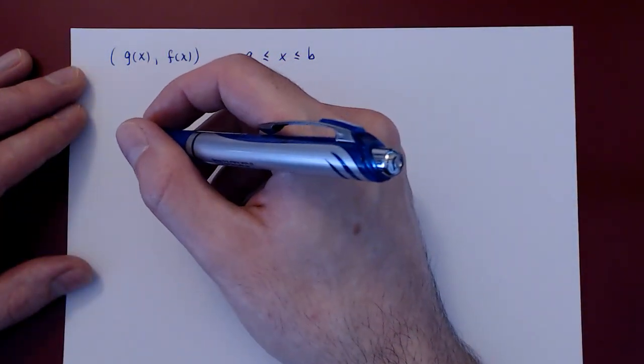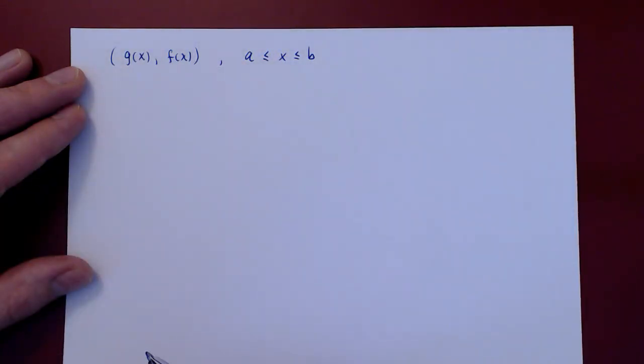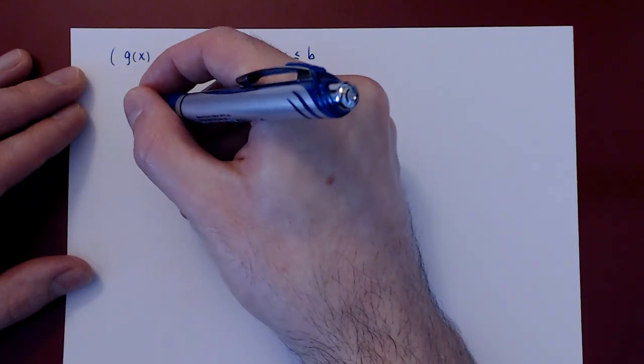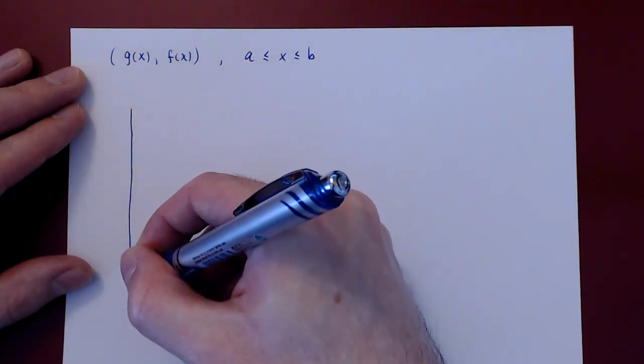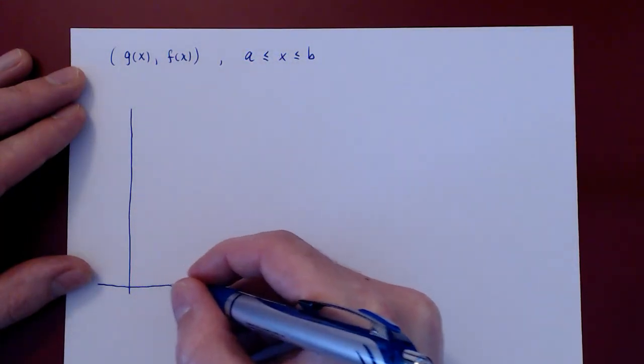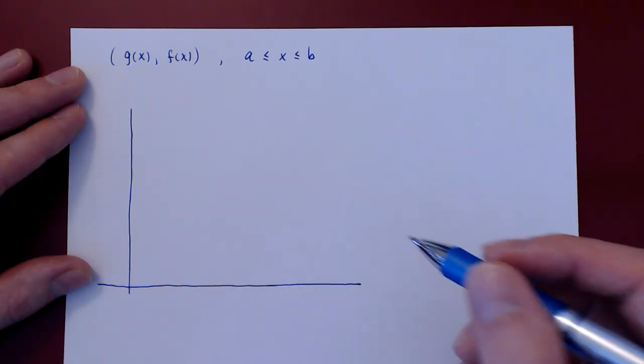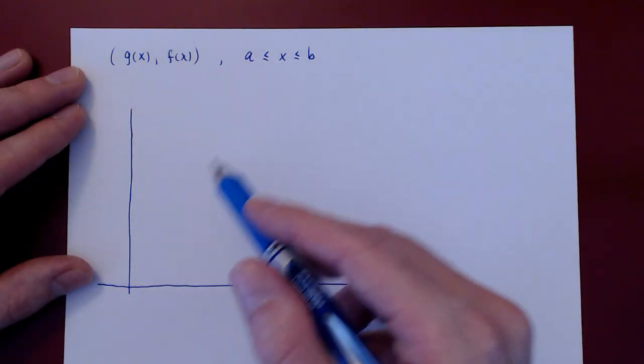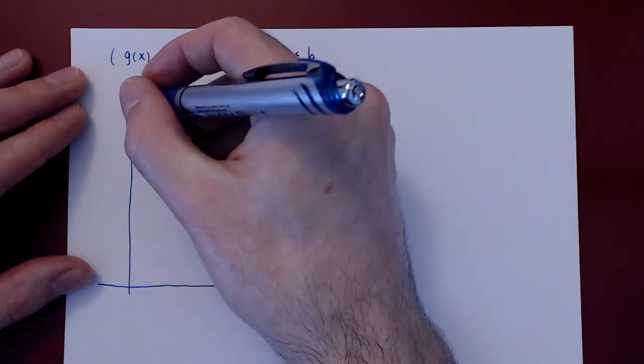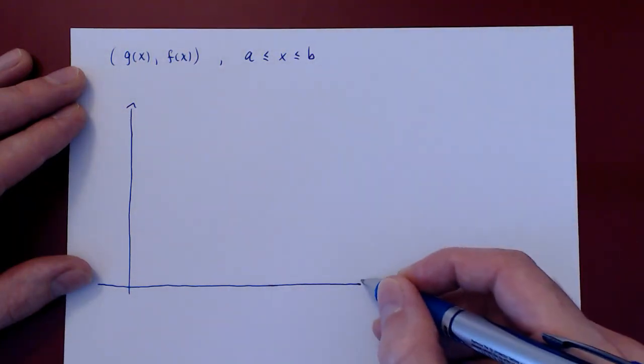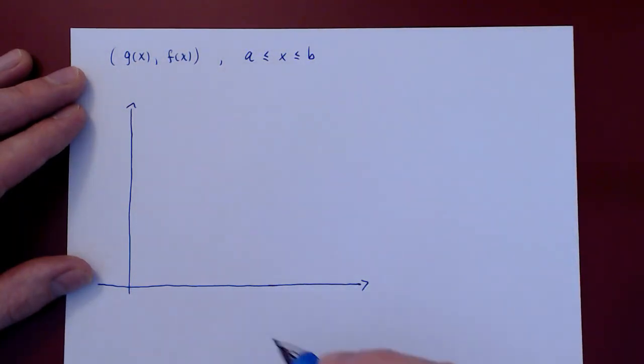So let's sketch a graph of an arbitrary curve in the xy plane. Just for the simplicity of the sketch, let's assume that the points are all in the first quadrant, so both f and g are always positive. Again, it doesn't have to be, but just to keep the picture simple.